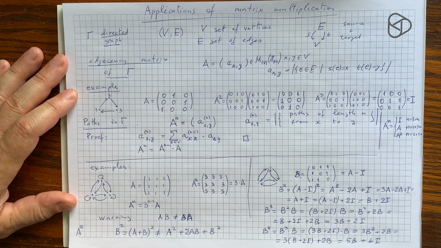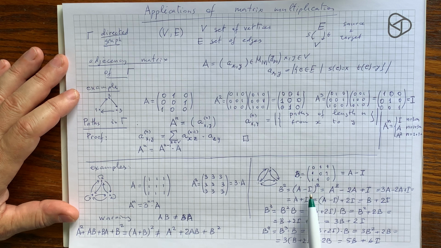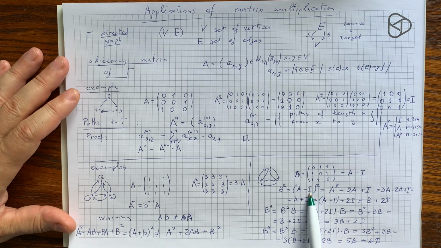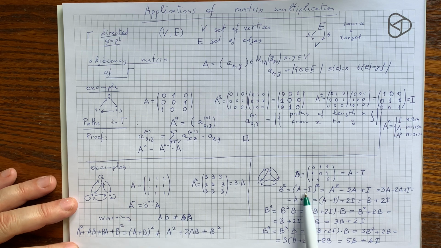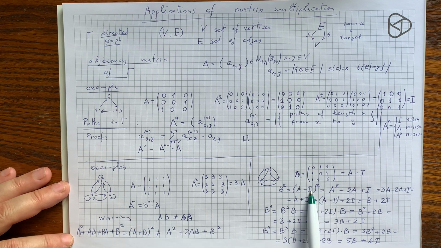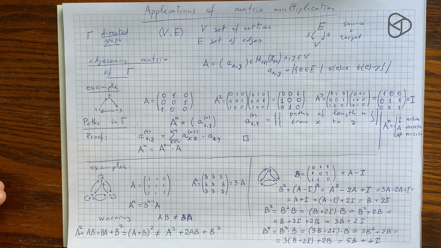We'll have squares of A and B, and then we'll have the sum of AB and BA. But here it's all good because one of the matrices inside the sum is the identity or minus identity, and for that matrix, multiplying it with A from the left or from the right gives us the same answer. So if the 2 matrices commute, we still have the standard binomial formula working for us.